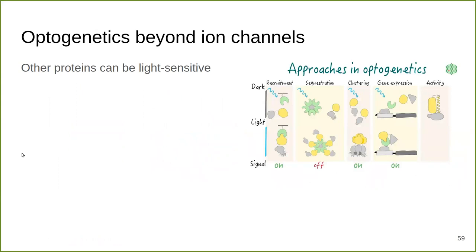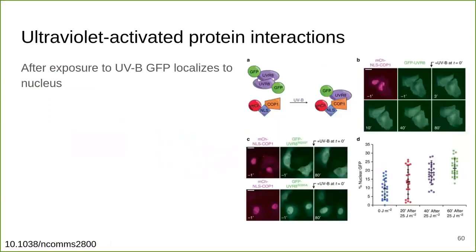Of course, optogenetics, in the definition that I mentioned several slides previously, is not restricted to ion channels. Other proteins can also be light sensitive, and this is sometimes utilized for other applications. For instance, there are some setups that allow you to activate protein interactions when you irradiate your tissues with ultraviolet light.